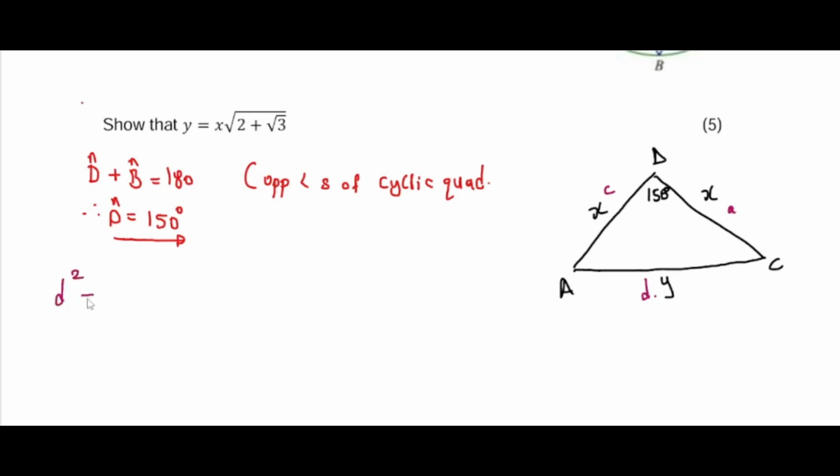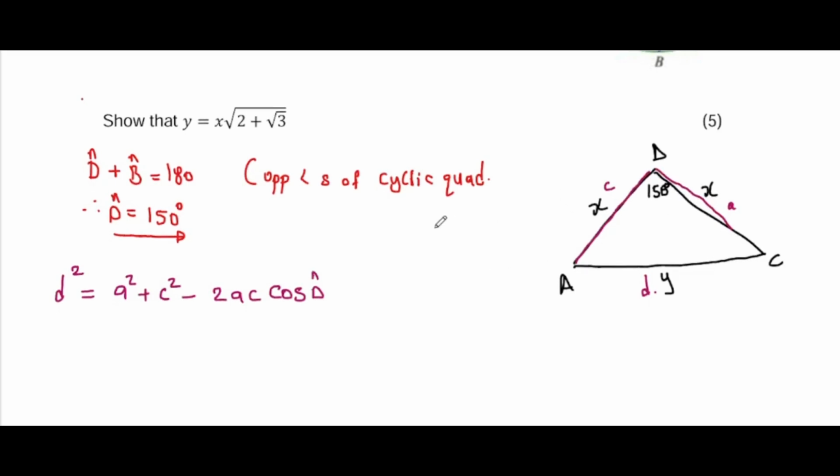So d squared is equal to what? We need to say a squared plus c squared minus 2 times a times c times the cos of that included angle, which is d. Why is it included? Because we have these two sides, then the angle is included. So let's substitute what we have.